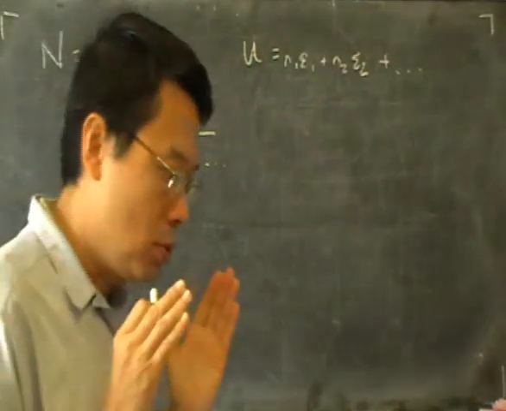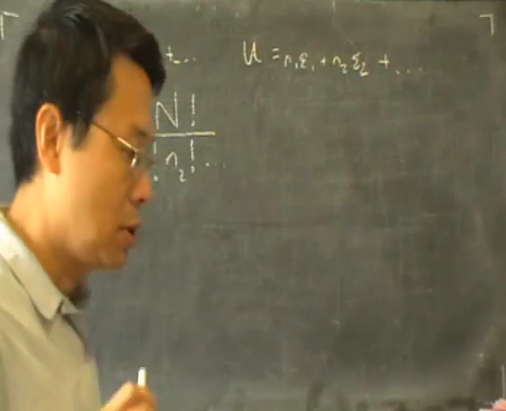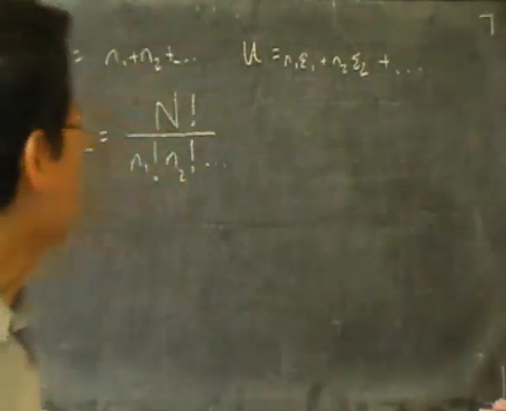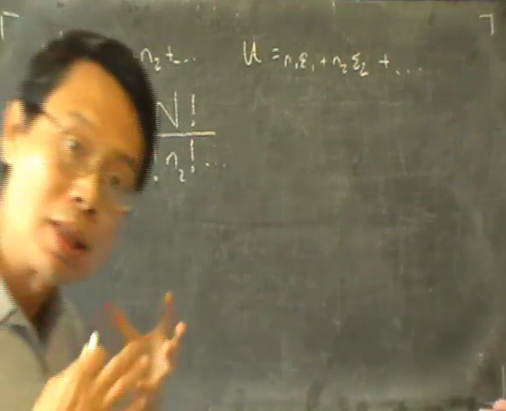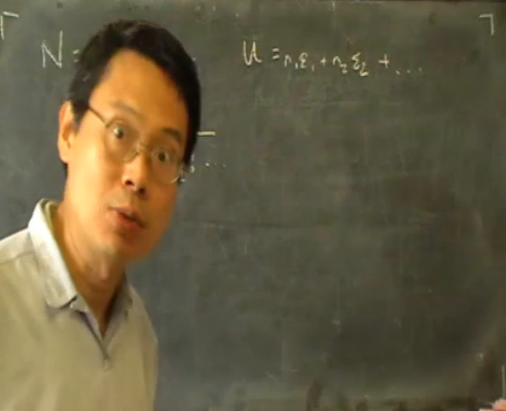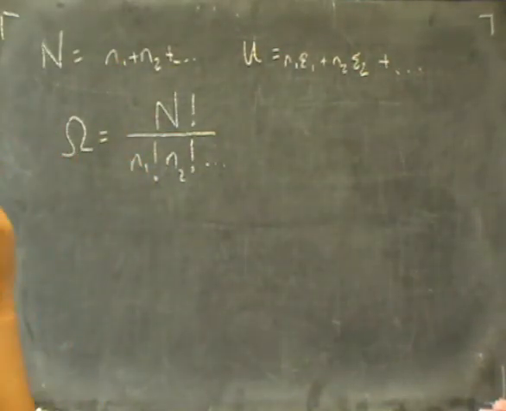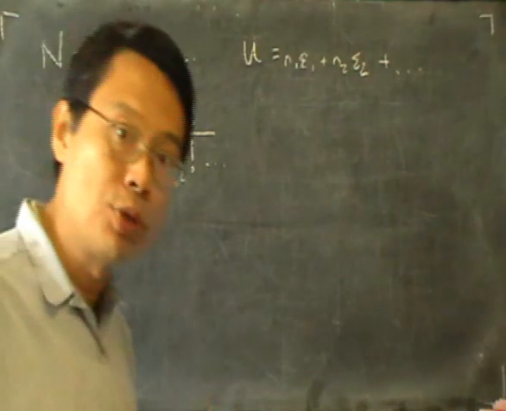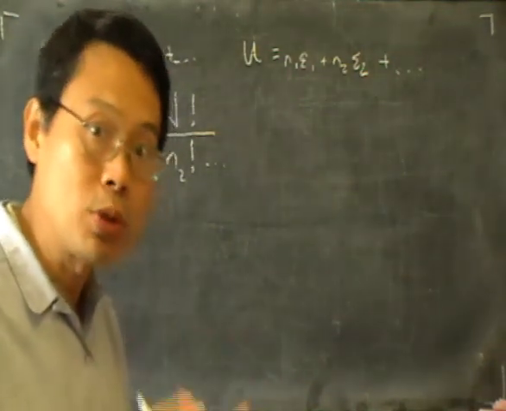We want to find the n1, n2 that give the largest number of arrangements, because that's the most likely one. And for a large number of particles, the most likely arrangement would also be the only possible arrangement.